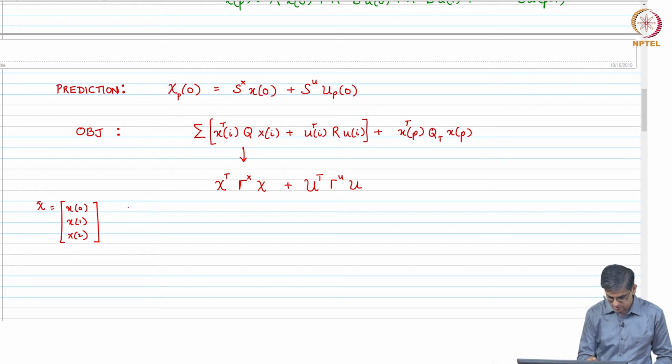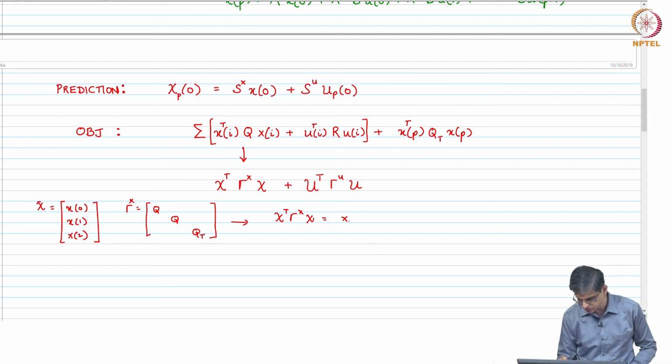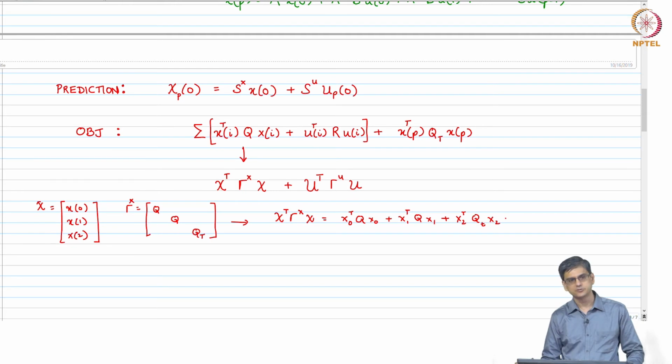Let us say your gamma was Q, Q, QT. Then X transpose gamma x X is going to be x0 transpose Q x0 plus x1 transpose Q x1 plus x2 transpose QT x2. That is how it will be.